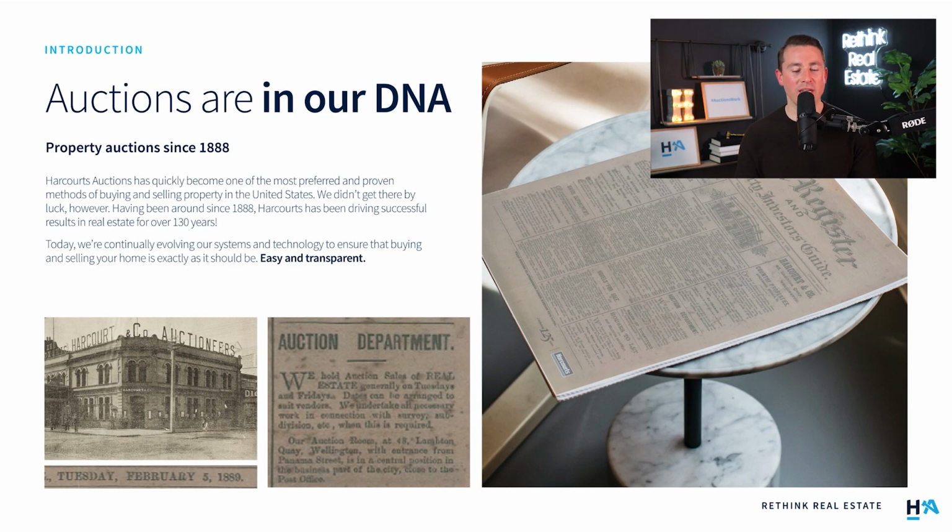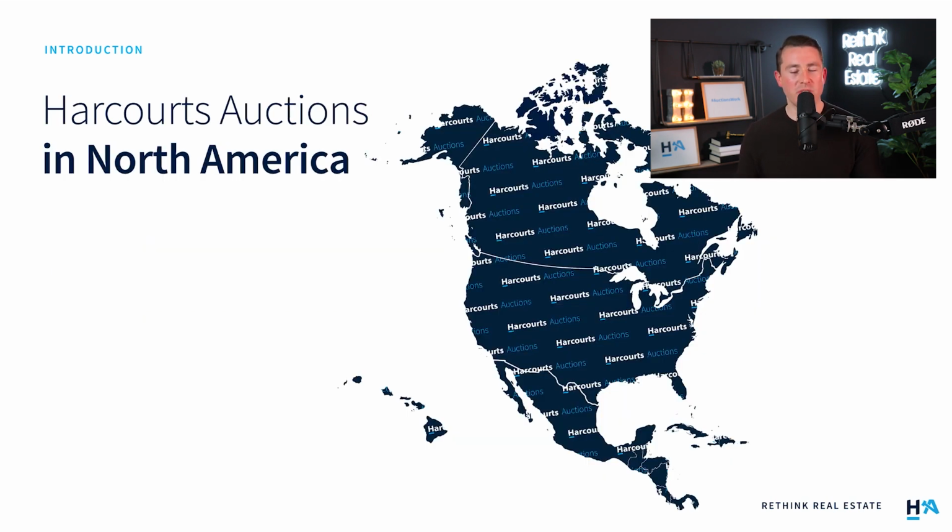Originally founded in New Zealand in 1888, Australia and New Zealand do a very large majority of their real estate transactions via auction. So, probably 8 or 9 years ago, we moved over to North America, seeing an opportunity in the North American marketplace, starting in Southern California.